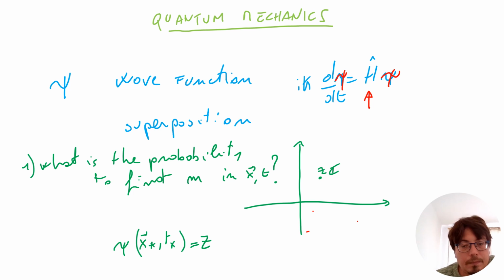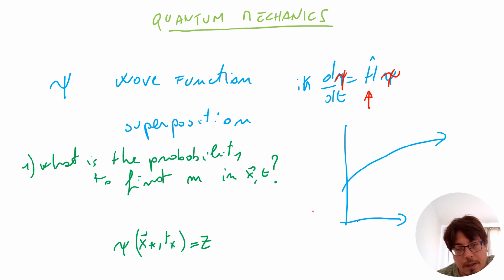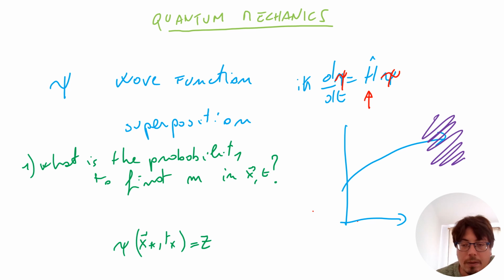Okay, so this is a very natural question in classical mechanics, because usually if you throw a ball, this is the trajectory, and then you can define an area, and you say what's the probability that the ball will be there, and then you can compute it with just a ratio of the area that you're considering with the trajectory.